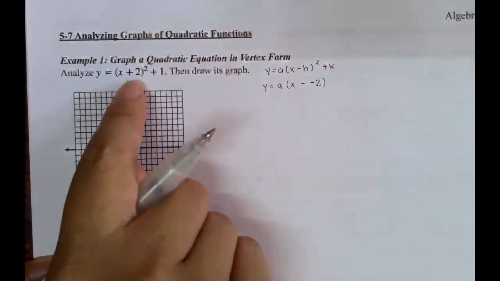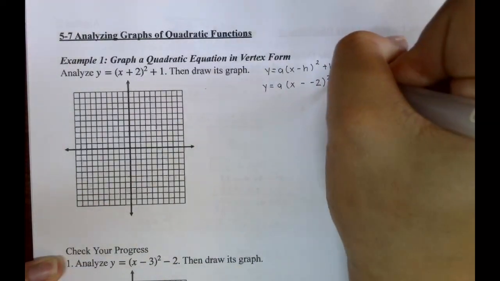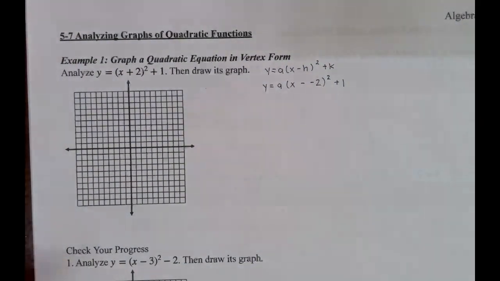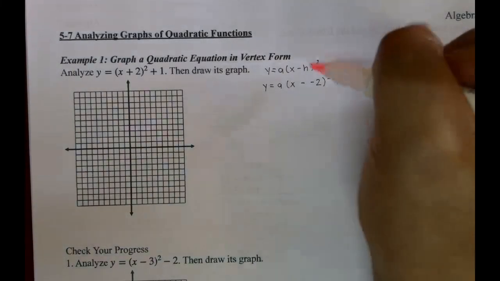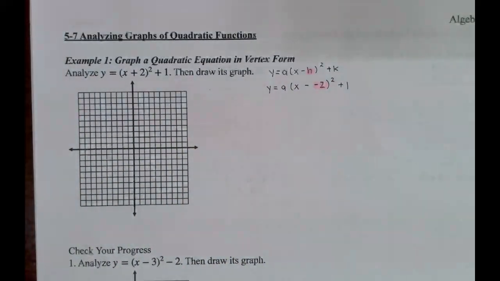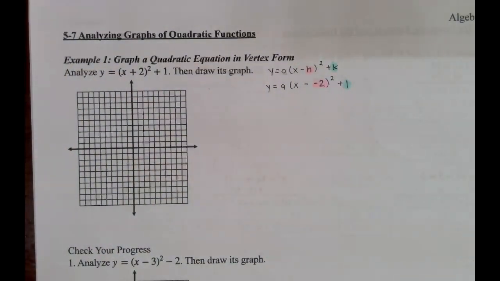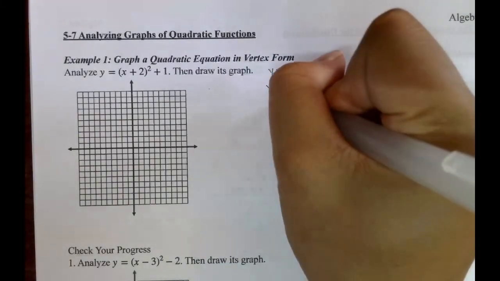The reason why it shows up as plus 2 is because of that minus negative and then plus 1. And so what that tells us is that our vertex is going to be negative 2, comma 1.